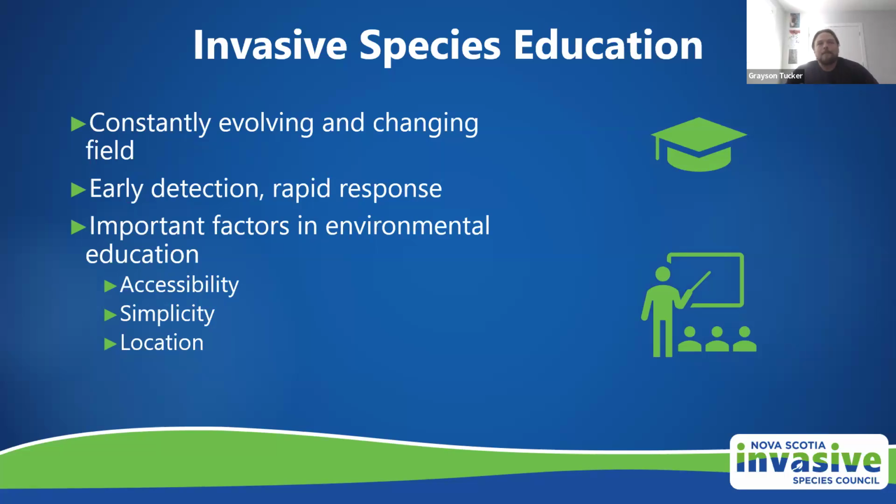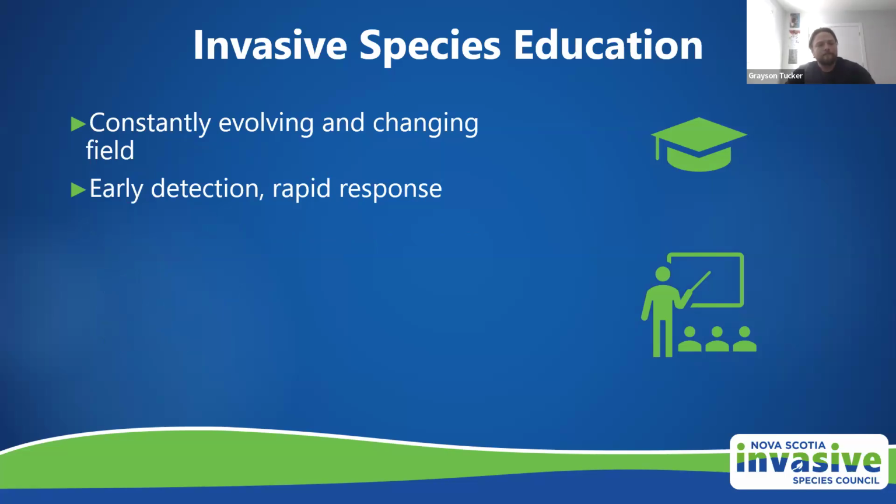For many academic papers, for example, there's a paywall behind it, or it's not very easy to understand or use. Making sure that accessibility is at the forefront is really important. Going hand in hand with that, ensuring that the information is simple enough so that it can be seen and understood by a wide range of audiences is also very important.